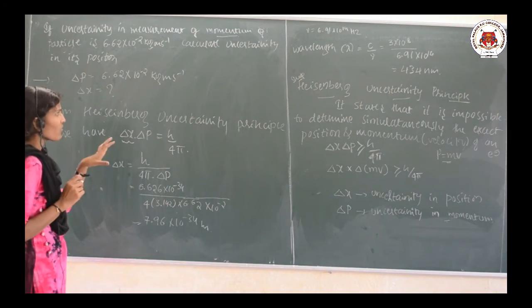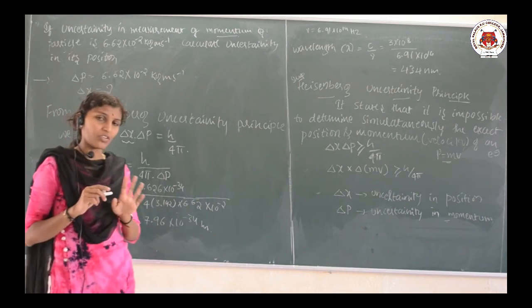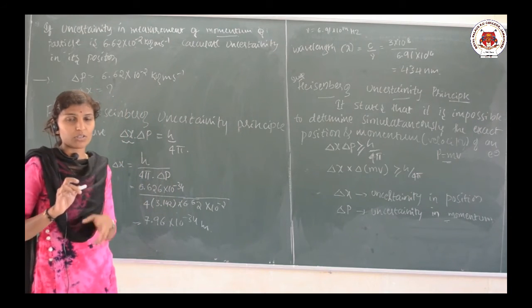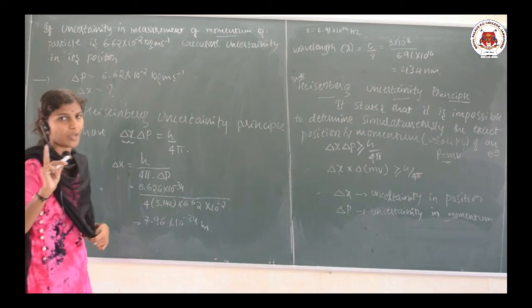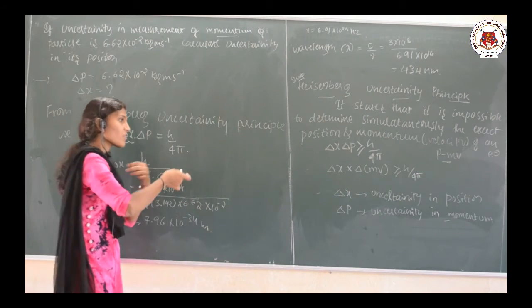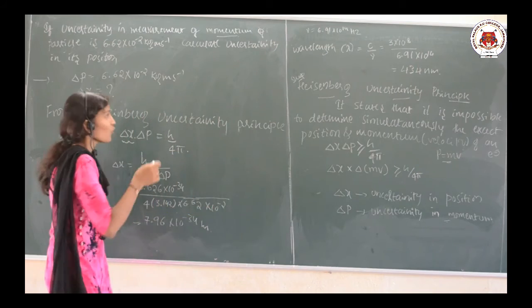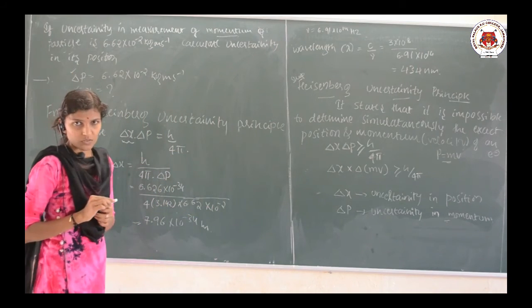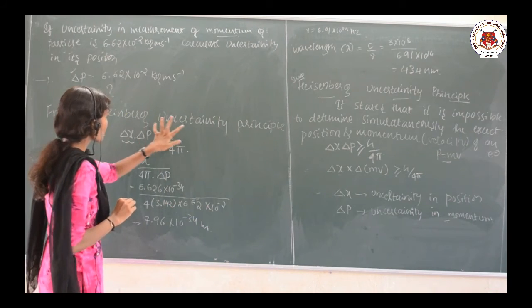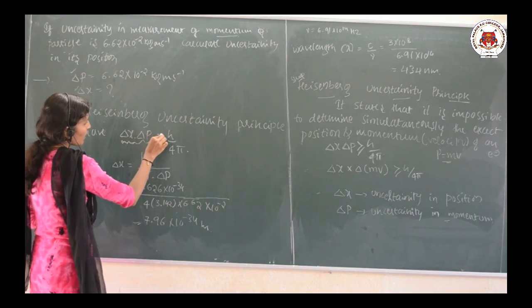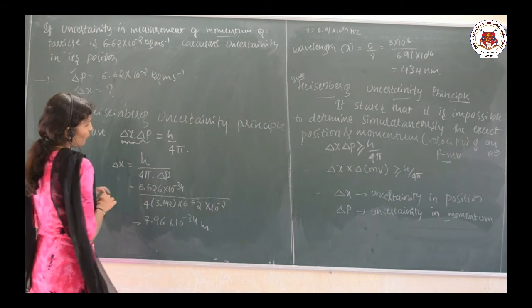So whenever an uncertainty term is given, just think of this formula: delta x into delta p is greater than or equal to h upon 4 pi, where delta x is uncertainty in position and delta p is uncertainty in momentum. Here delta p is given, and they have asked delta x. So from the Heisenberg uncertainty principle, delta x into delta p equals h upon 4 pi.